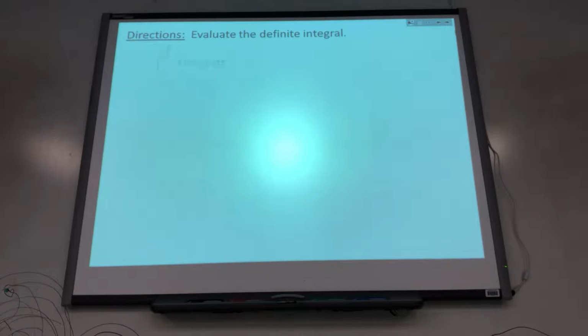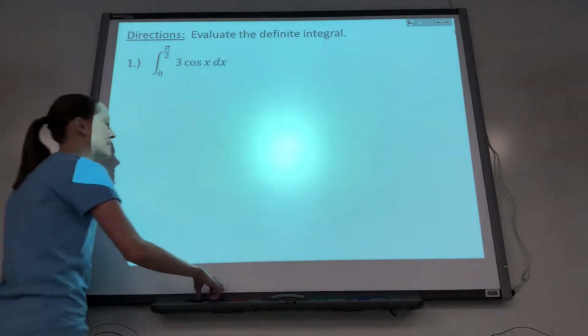So the first one that we're going to do, example 1, we're integrating from 0 to pi over 2, and it's 3 cosine of x dx.